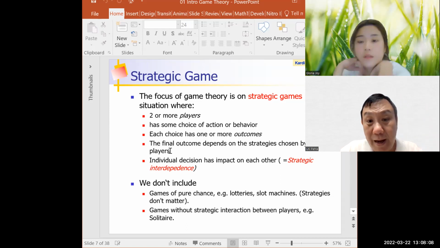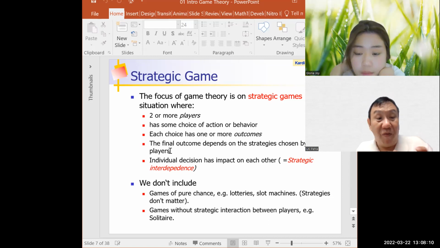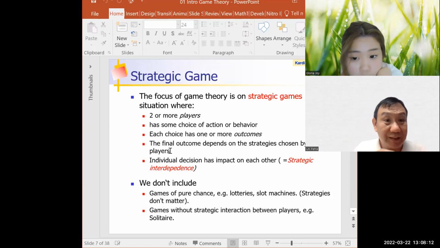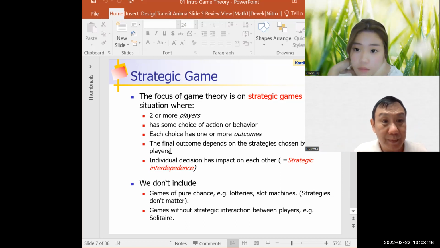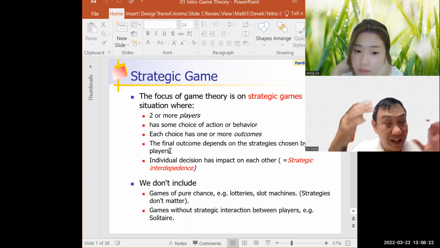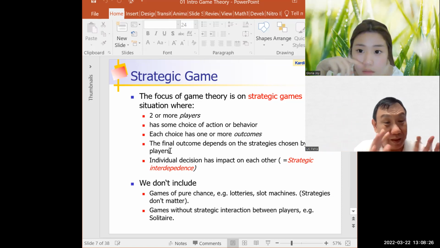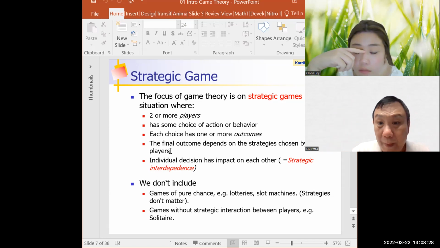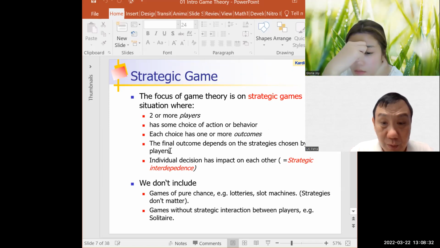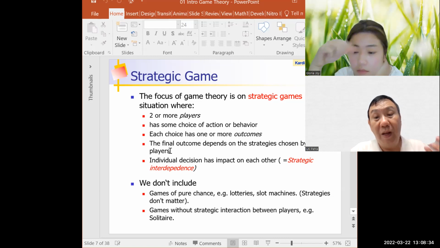The final outcomes will depend on the strategies chosen by all players, not just you. Because it's a kind of group decision, right? But this is with conflict. So your individual decision, as one of the players, will have an impact on the other players.